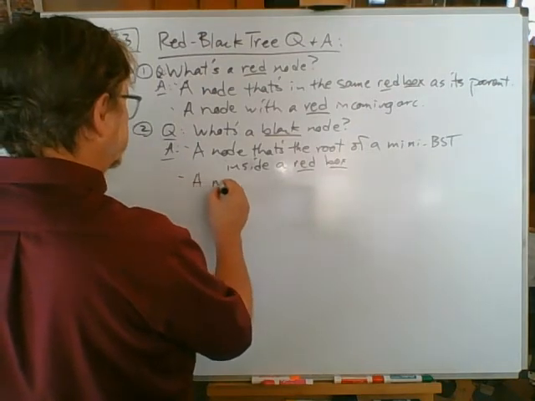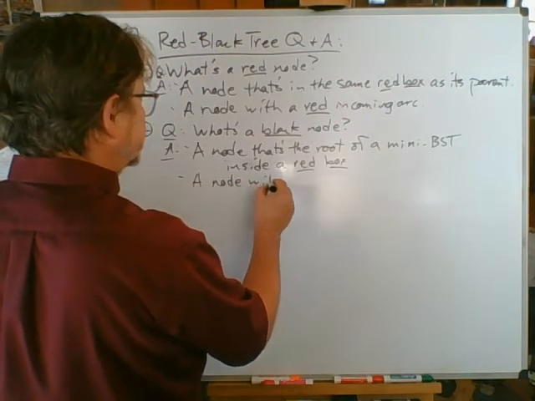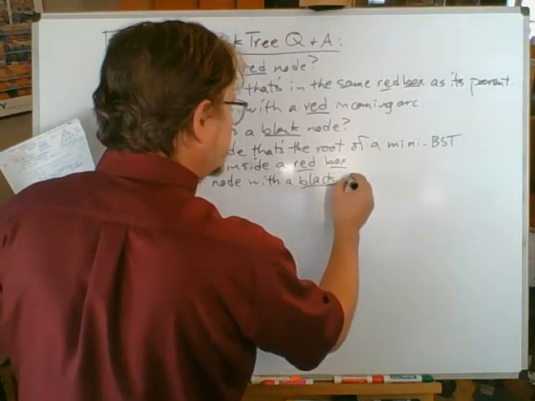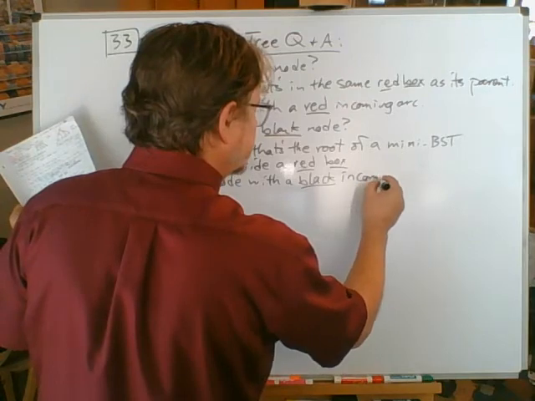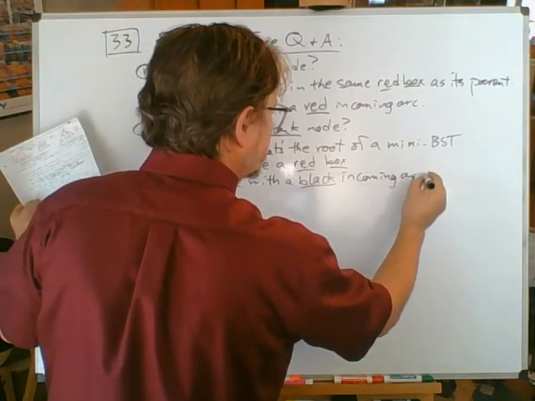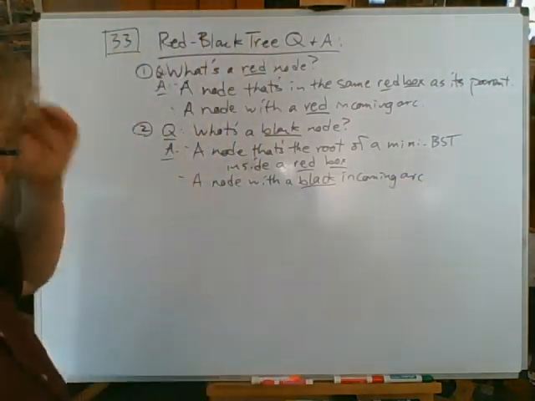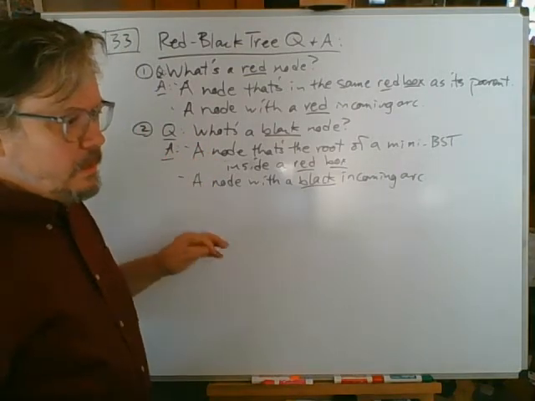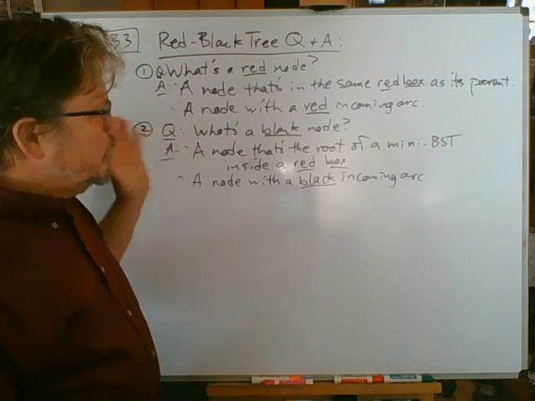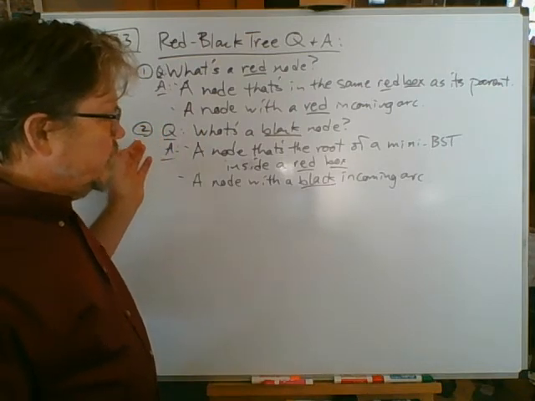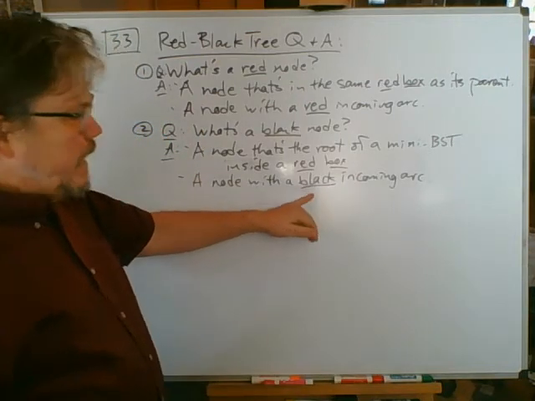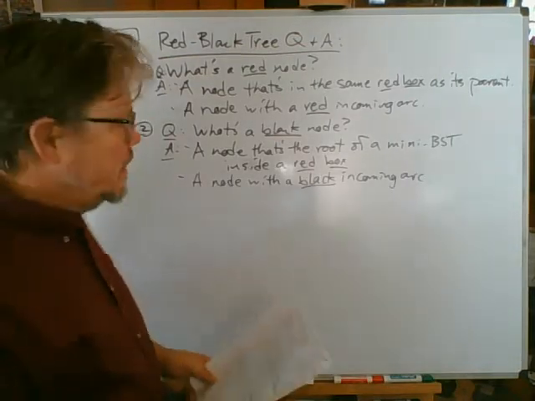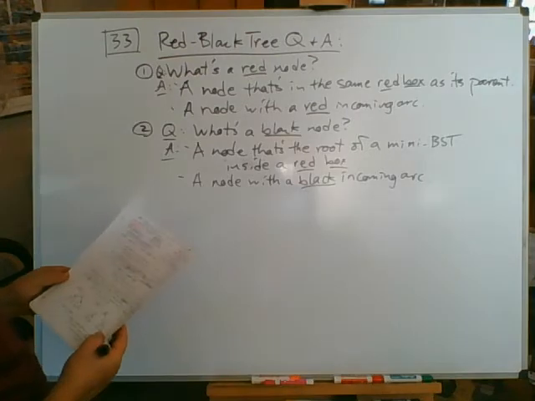A node with a black incoming arc. So if we were to contrast compare, a red node is merely a child inside a big red box. It's a child of a parent that's also inside the big red box with it. The parents have black incoming arcs, and they are not inside a red box with their parent because the black arcs are the ones that connect the red boxes to each other.